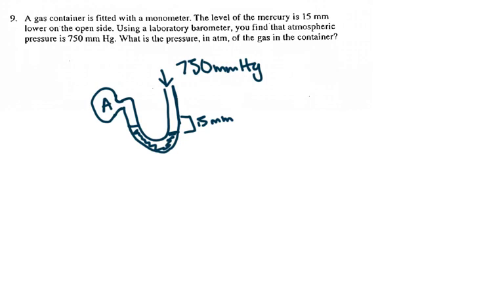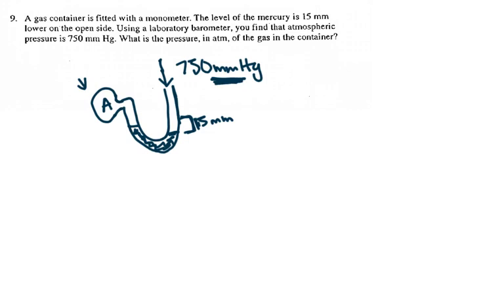So I'm trying to compare the pressure of the gas outside to the pressure of the gas inside. And I know that this is 750 millimeters of mercury. This is mercury in here, and we're measuring the 15 millimeter difference.